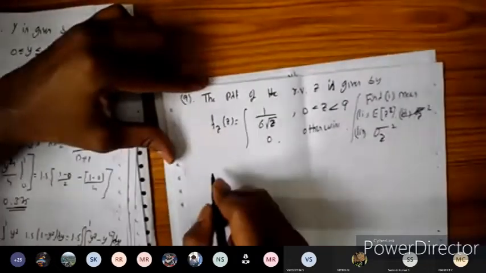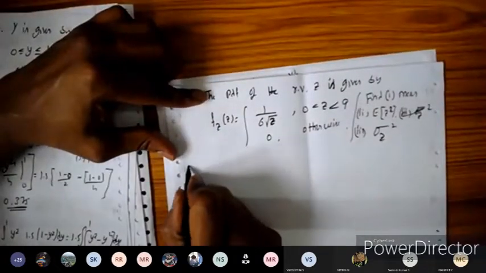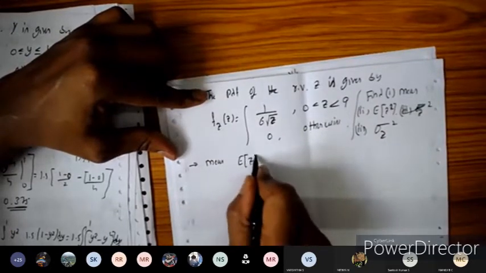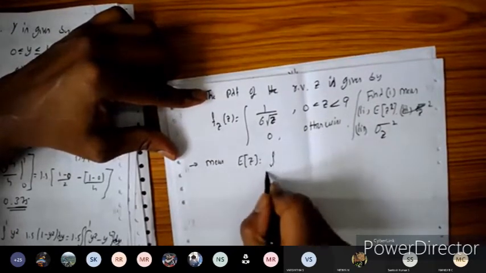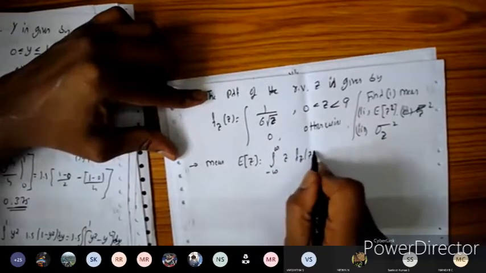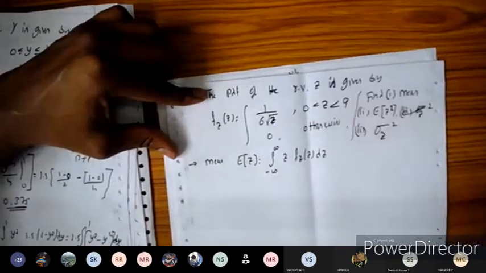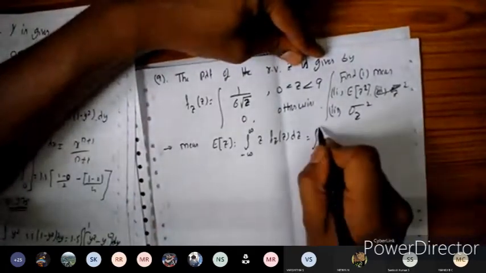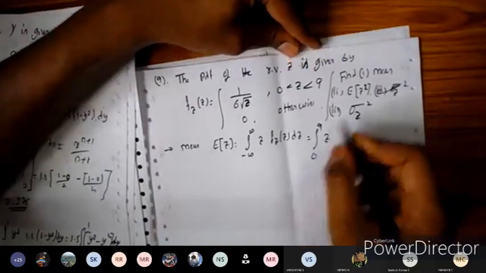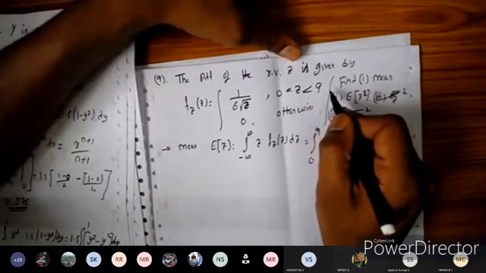Let us write the same formula. The first one is the mean. The mean is the expected value of z, given by the integral from minus infinity to plus infinity of z into fz of z into dz. Let us substitute here. It is 0 to 9, since it has been defined from 0 to 9 here.